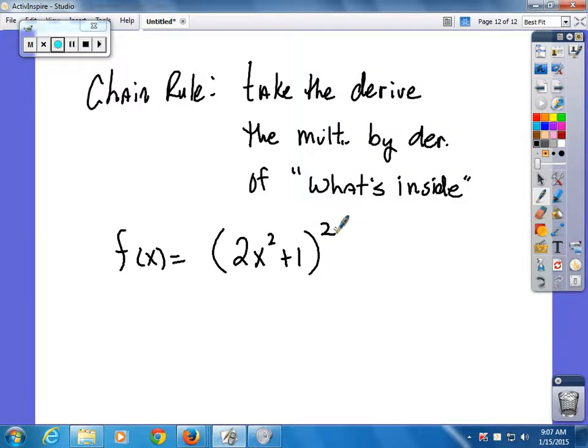All right, now I want you to take the derivative of that using the fundamental rule of derivative, or the power rule. Then take the derivative of what's inside the parentheses, and you've just done the power rule. I mean the quotient, the chain rule.